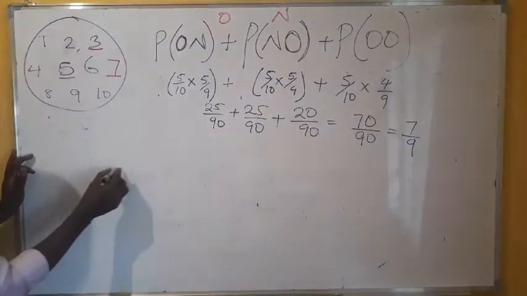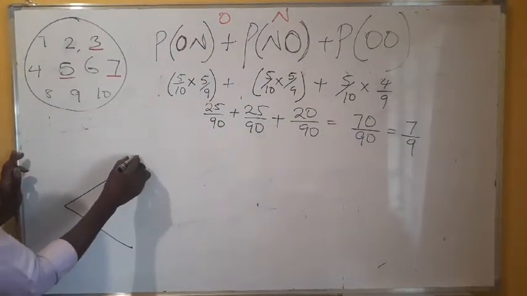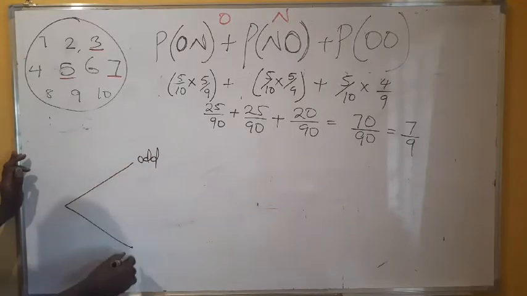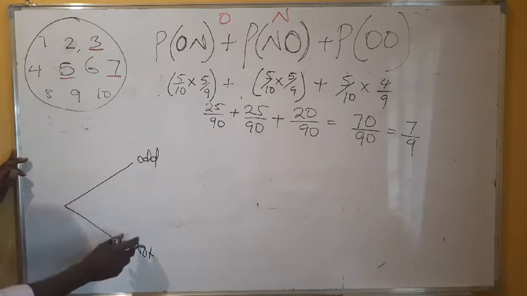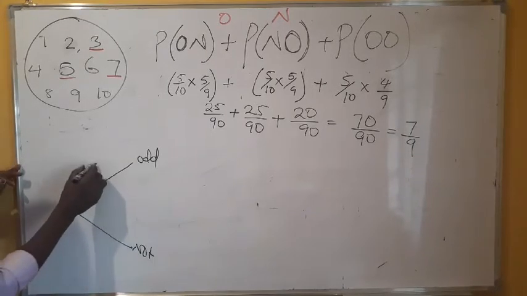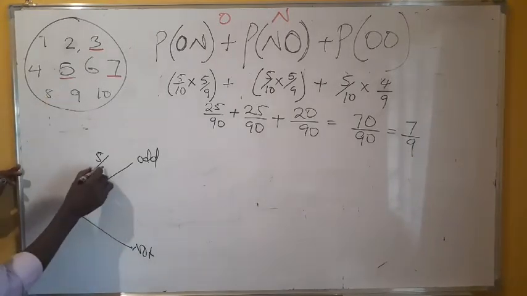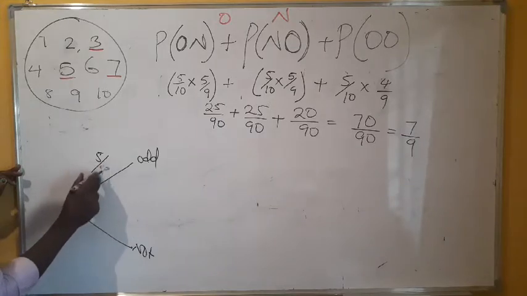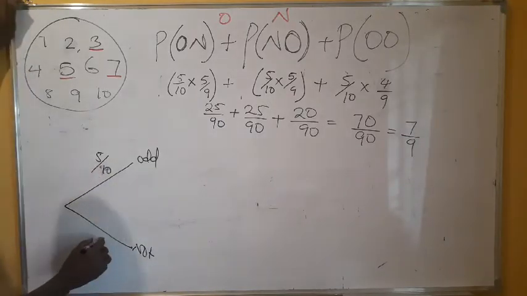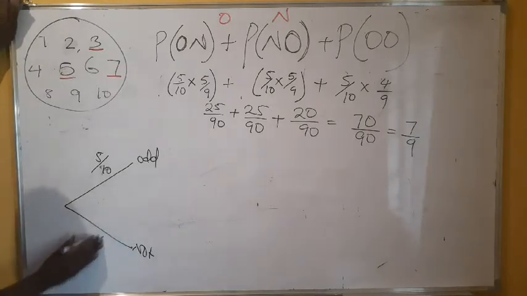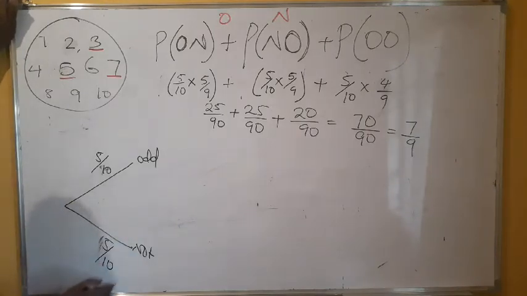So we're saying if the first one is an odd number, then the second one is not. This is the first draw. So the odd numbers are 5/10. Then those that are not are also 5/10.